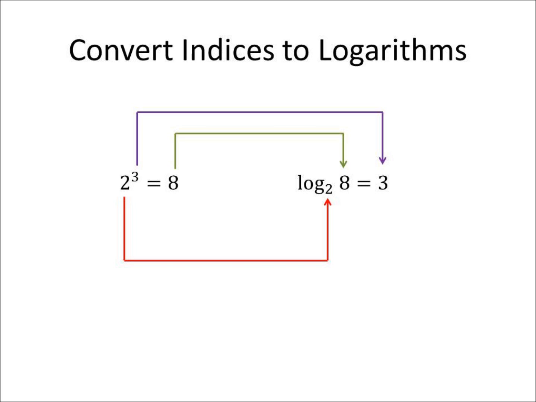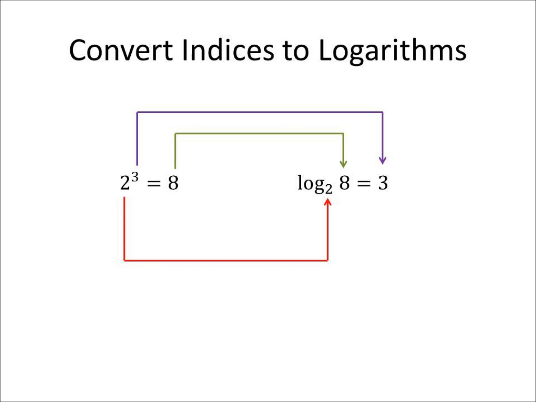The start point will always be from the left. So we start off from 2, move over to the right to 8, and we move upwards diagonally to the power 3. So basically the direction is always from left to right and up, becoming the power.